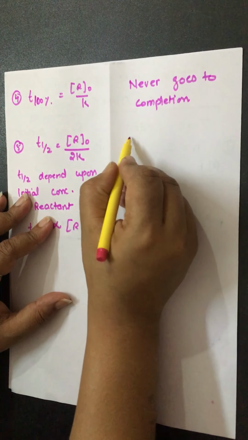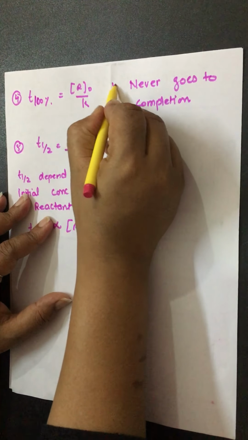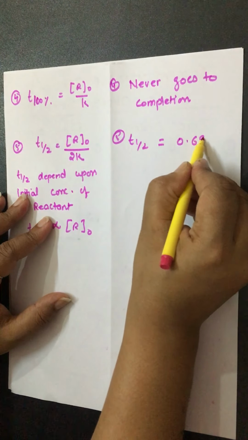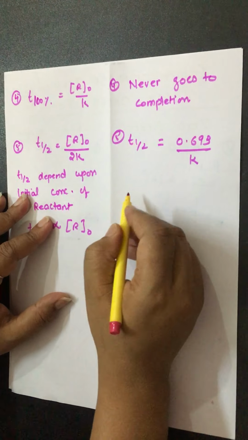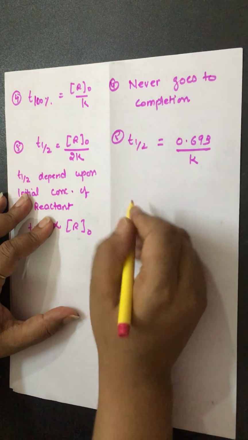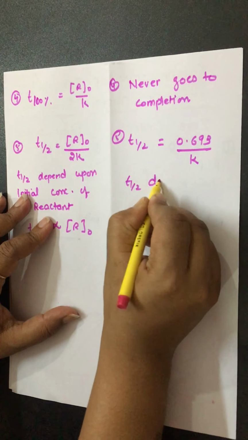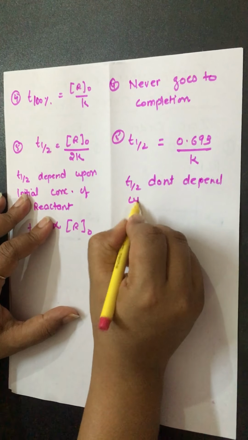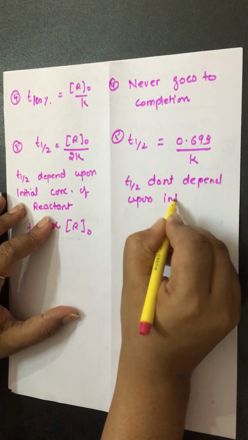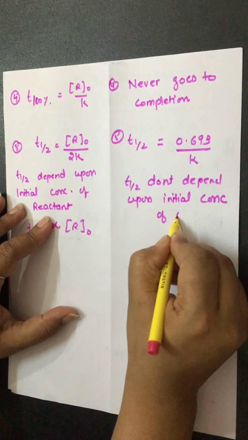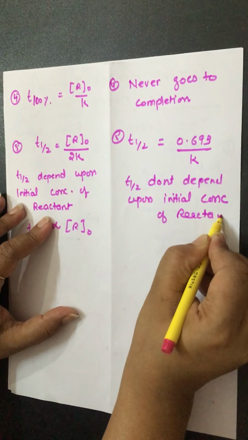But for the first order reaction, T half equals what? T half equals 0.693 over K, and it is independent of the initial concentration. Means T half does not depend upon the initial concentration of reactant.